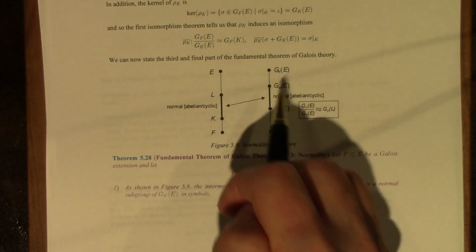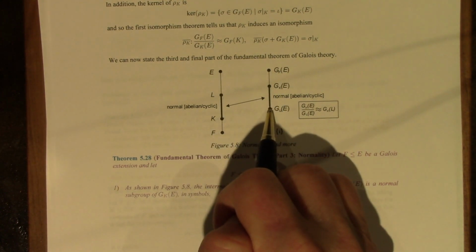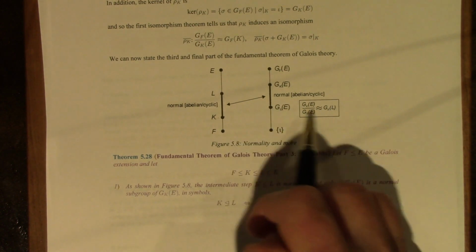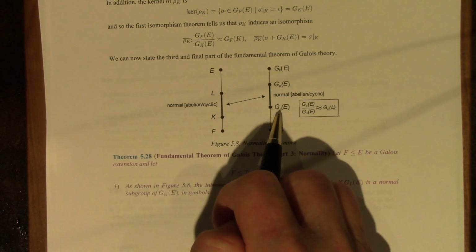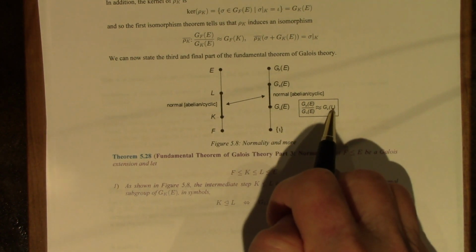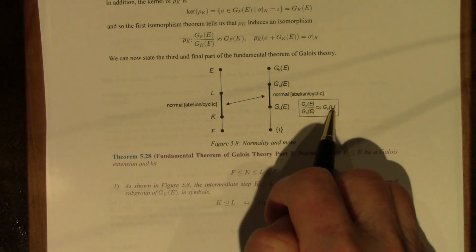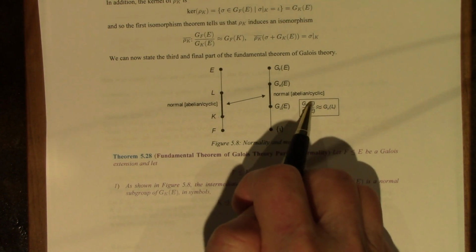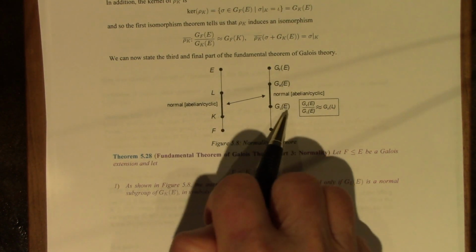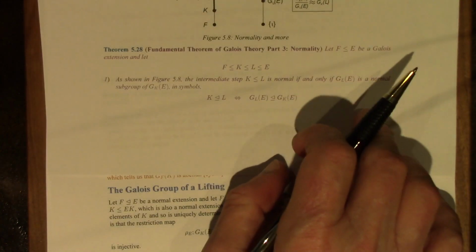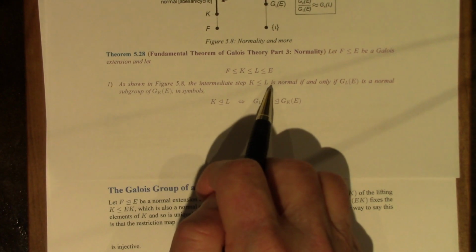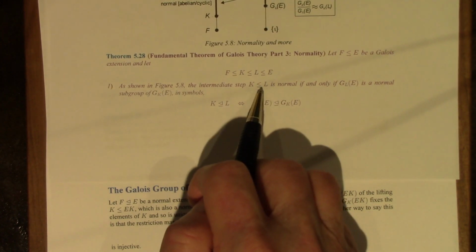This is normal if and only if this is normal, in which case the Galois group GKL is isomorphic to the quotient. So it's this mod this. That is the third part of the fundamental theorem of Galois theory.